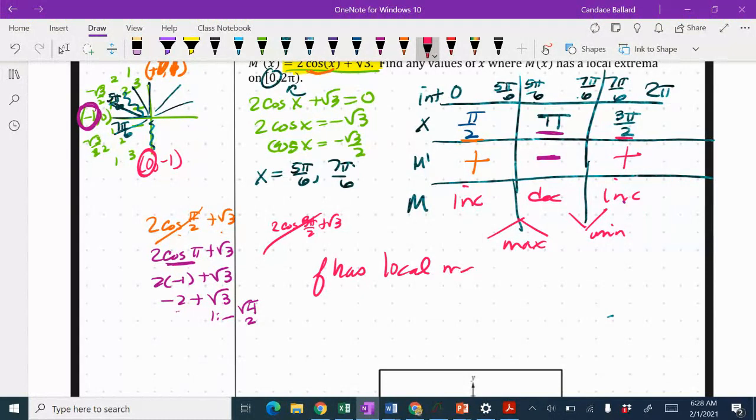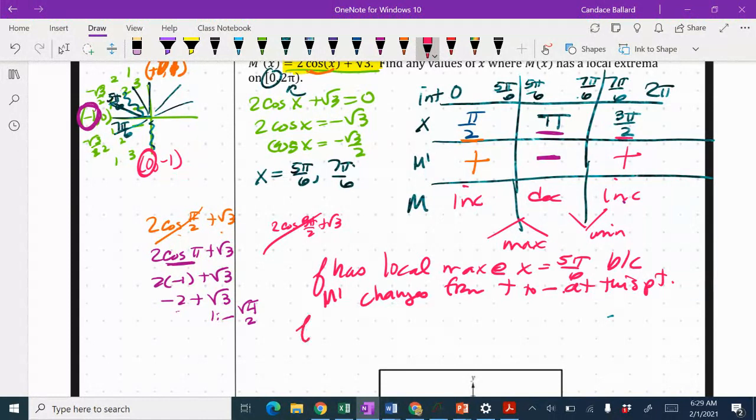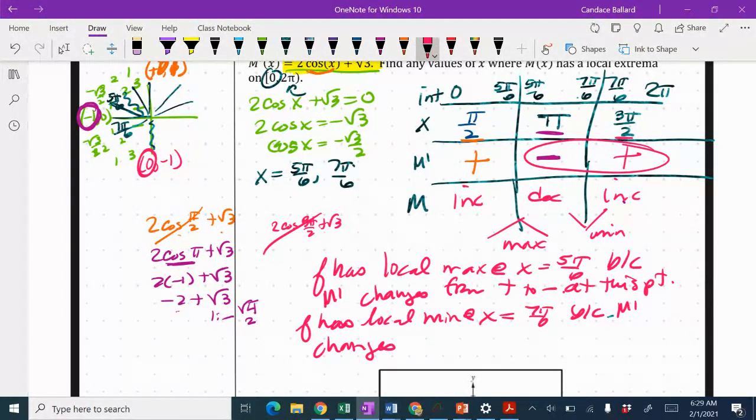M has a local max at x equals 5 pi over 6 because m prime changes from positive to negative at this point. M has a local min at x equals 7 pi over 6 because m prime changes from negative to positive at this point.